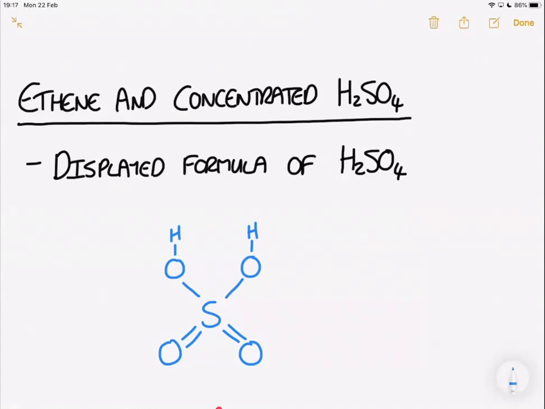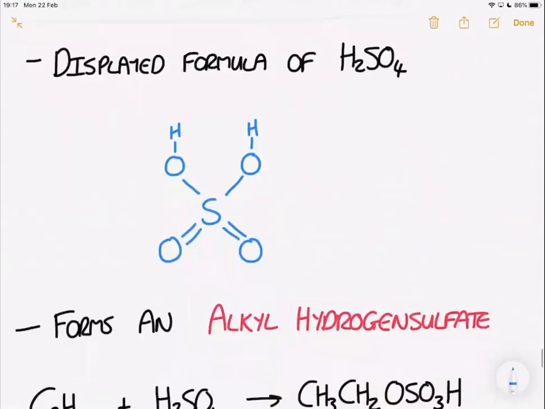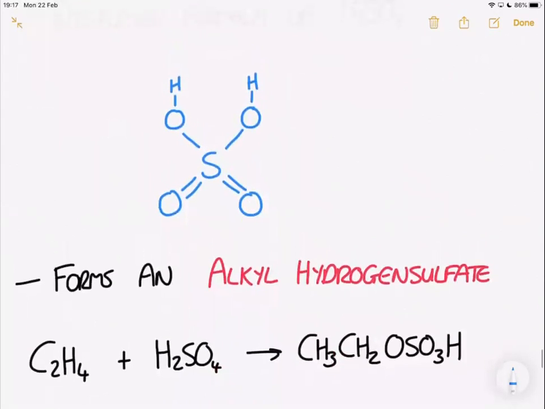Before we get into the mech, let's talk a little bit about what this reaction makes. The type of compound that you get when you react an alkene with conc sulfuric acid is called an alkyl hydrogen sulfate.